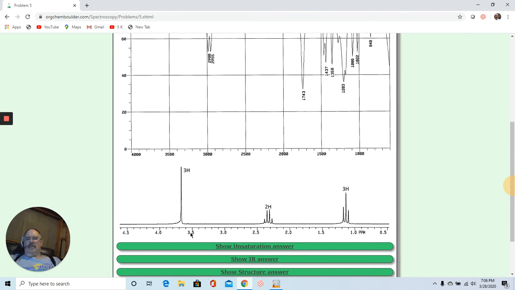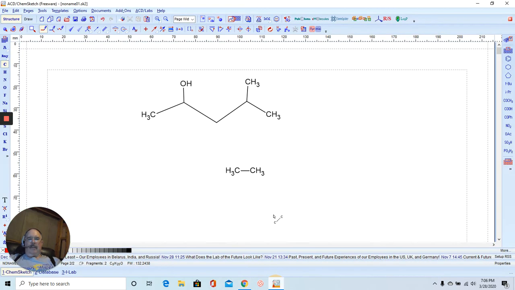Between 3.5 and 4, that would indicate protons on a carbon next to an oxygen. So we have CH3 and then oxygen. And then we have our carbonyl. Then we have an ethyl group.